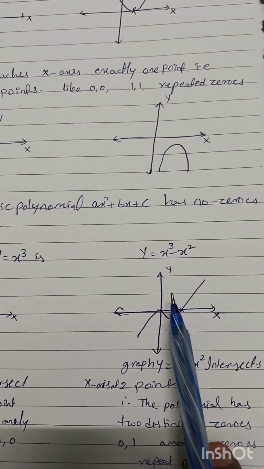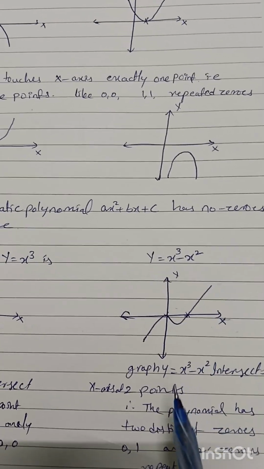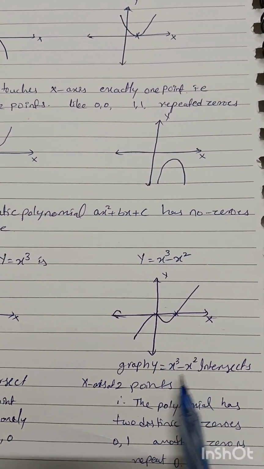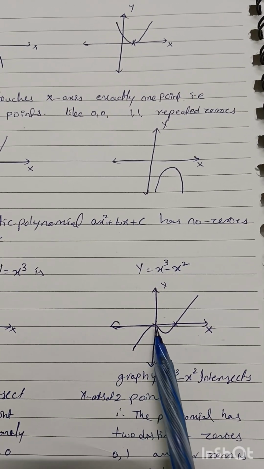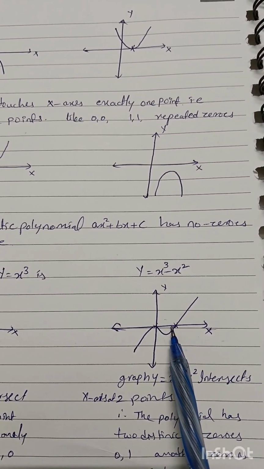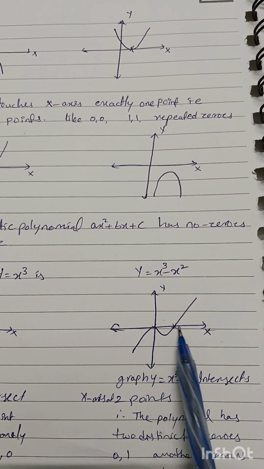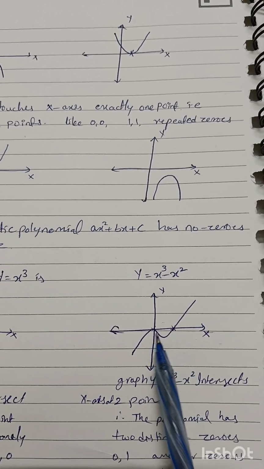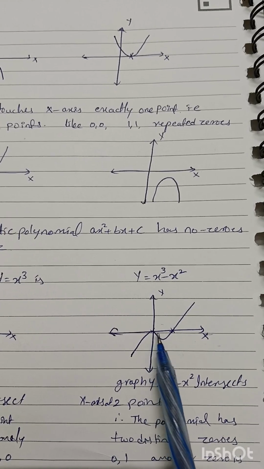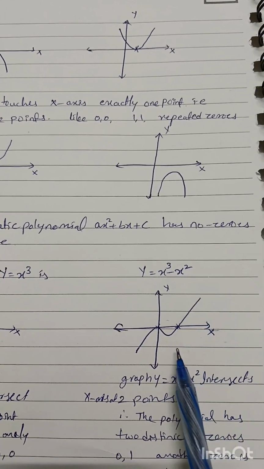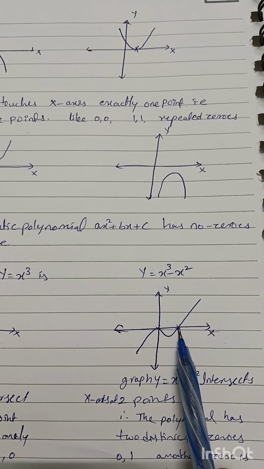Next, the graph of y equal to x cube minus x square is like this. This graph intersects the x-axis at 2 points, (0, 0) and (1, 0). These two are distinct points, so y equal to x cube minus x square has two distinct zeros.